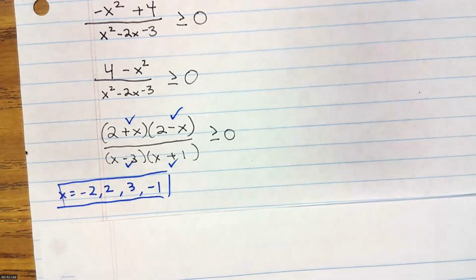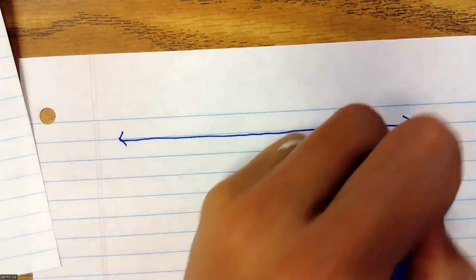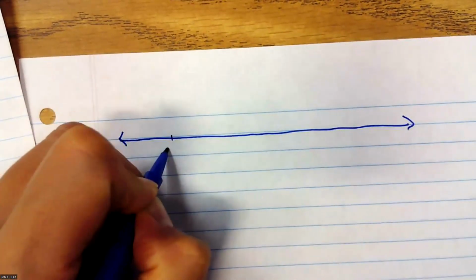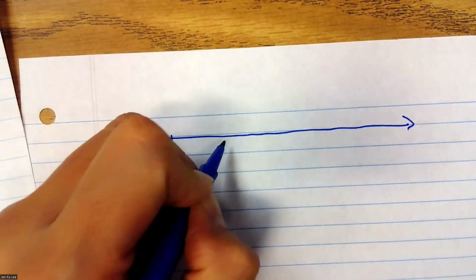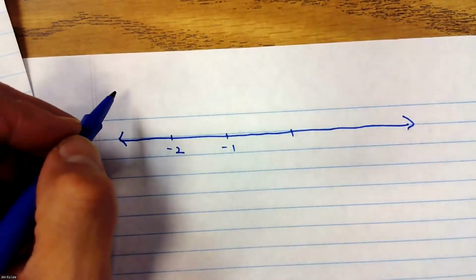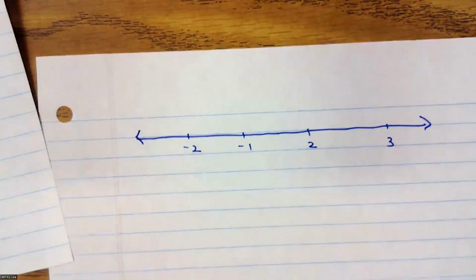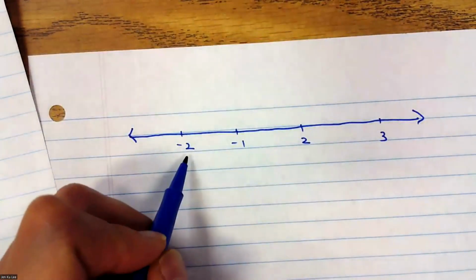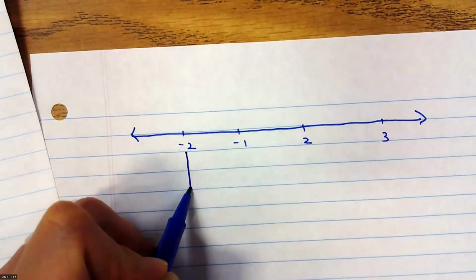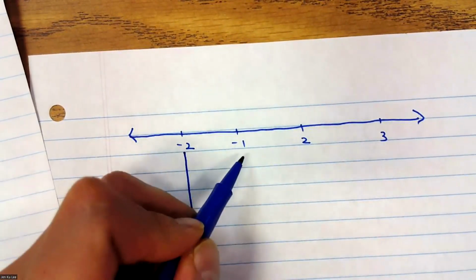So now if I make it into a number line, remember this number line that we did? At negative 2, let's make this negative 1, make this 2, and make this 3. If x equals negative 2, then this becomes a big fat 0.